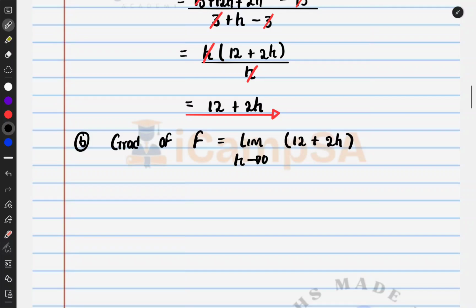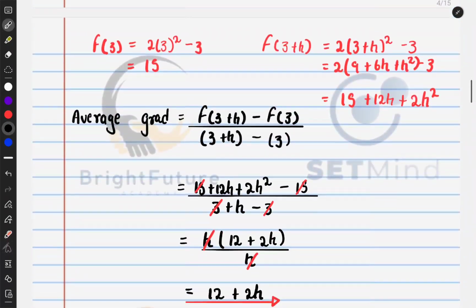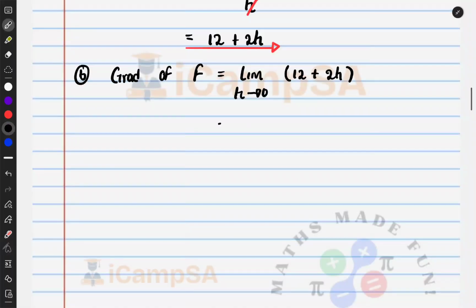That is how we go about calculating the gradient of f at x is equal to 3, and then we substitute h with 0. 2 times 0 is 0, therefore the gradient will be 12.